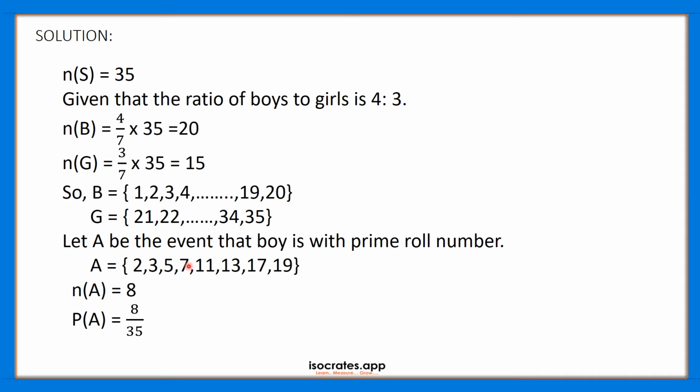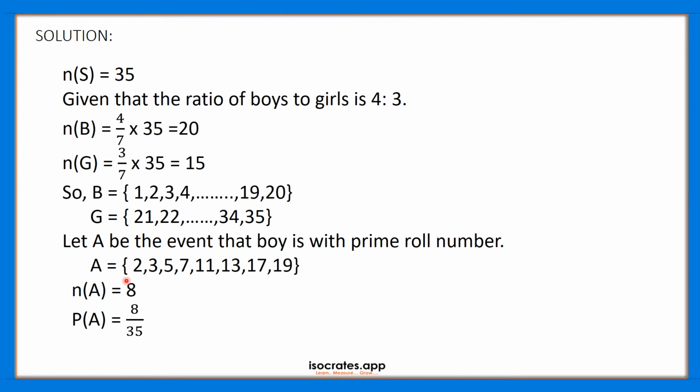Hence these numbers are prime roll numbers which a boy gets. That is, A, the event that the boy is with the prime roll number, can be given as 2, 3, 5, 7, 11, 13, 17 and 19, and hence we have n(A) is equal to 8.